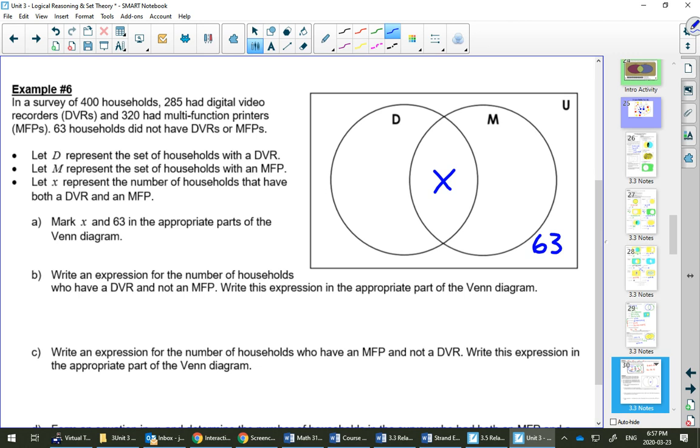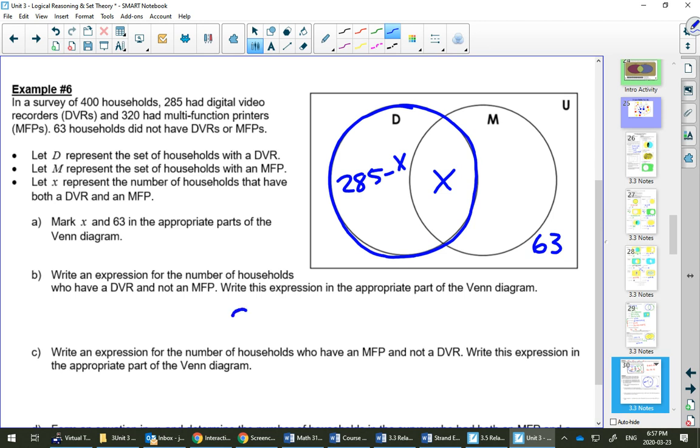If I wanted to write an expression for the number of households that have DVRs but not multifunction printers, that would be everything that fit into this circle. Well, I know, based on the question, that 285 people have DVRs, but I don't know how many people have both. So this is going to be 285, take away however many people have both.